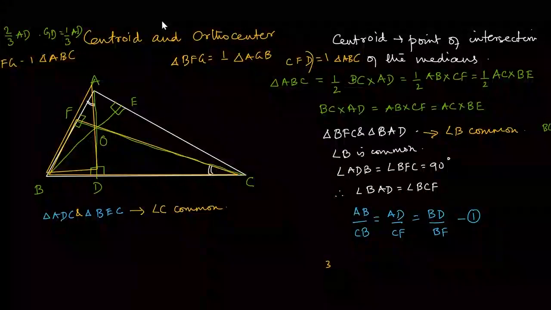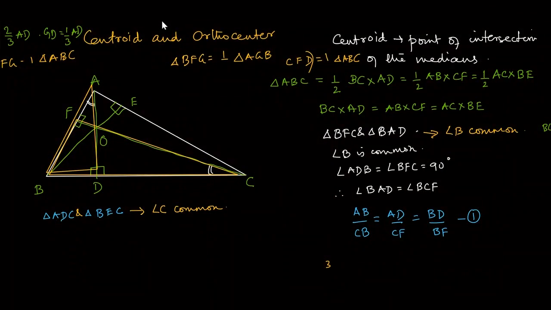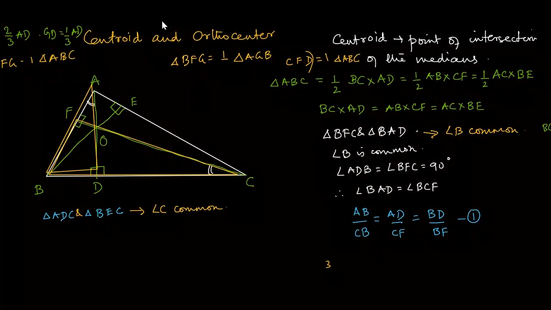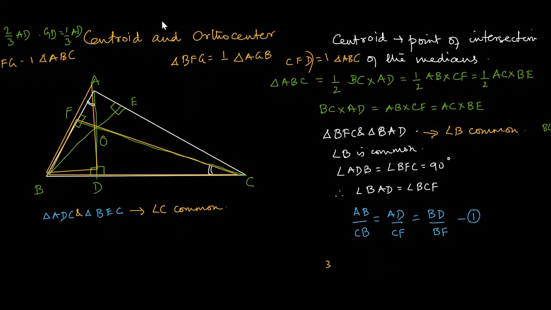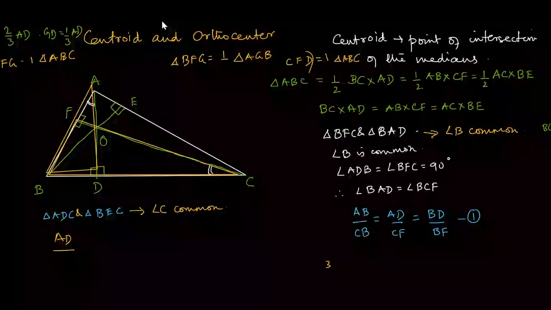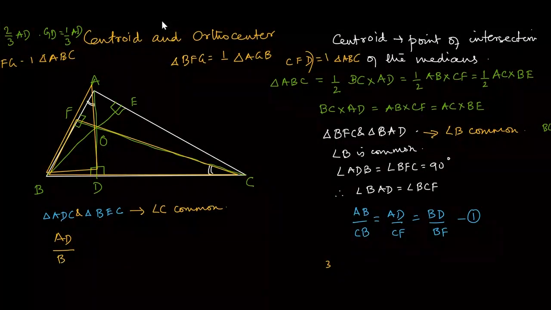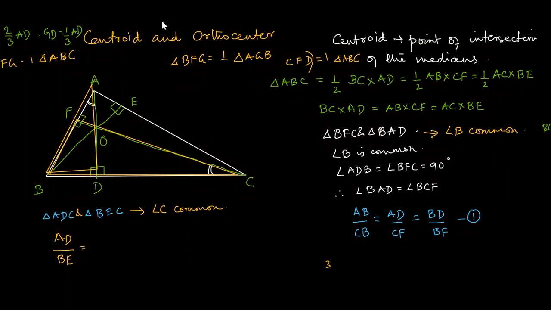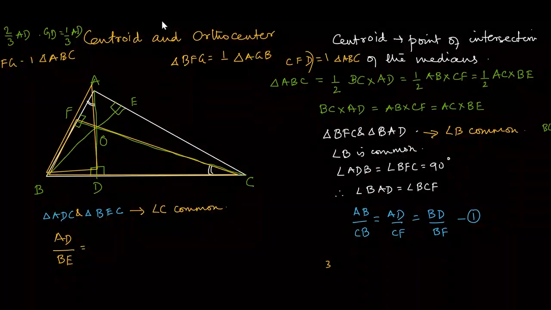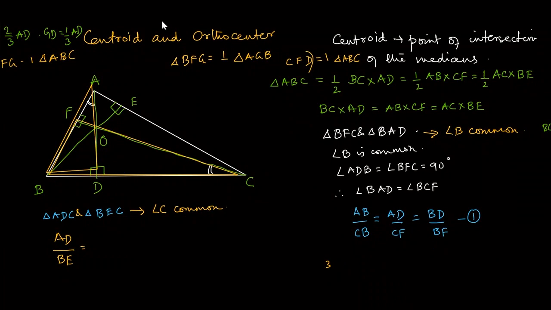So now tell me what would be the proportional sides? AD and BE. So in triangle ADC, first we take AD, which is opposite to angle C, and similarly we'll take the one opposite to angle C in BEC, which is BE. Next, we will choose the sides which are opposite to the right angles.